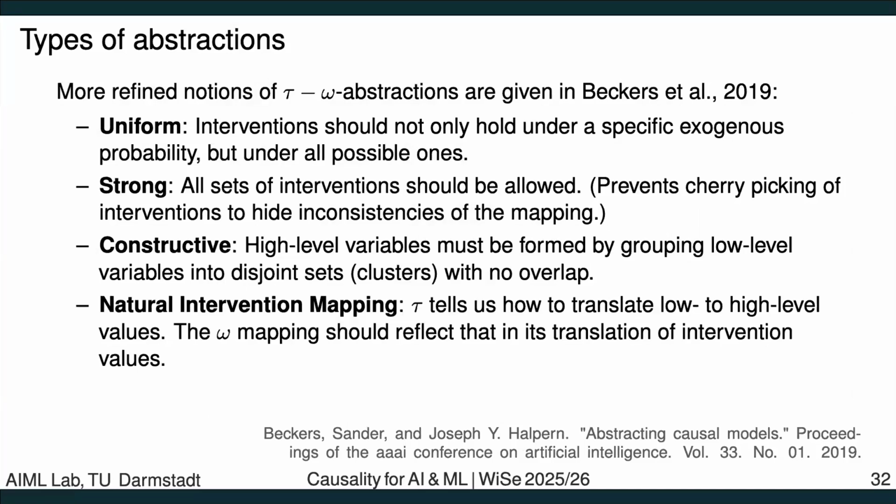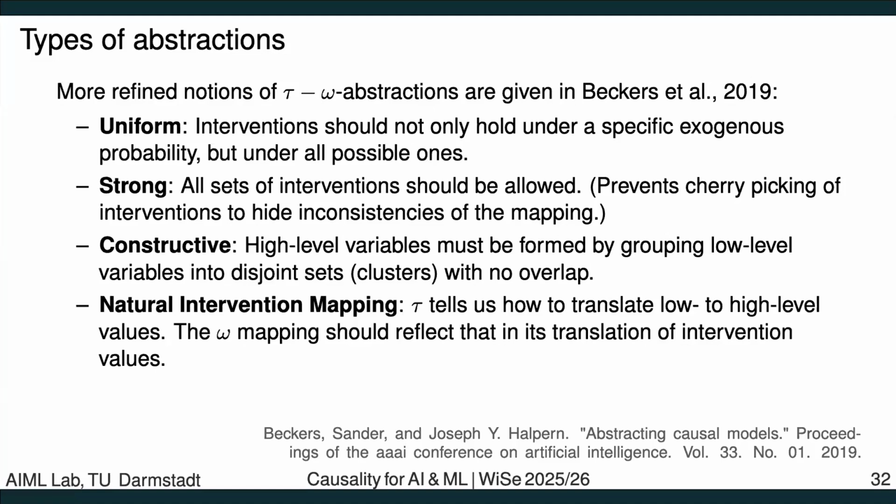Yeah, and so we actually talked a bit about that. There are some properties that you can define for these causal abstractions. So basically, this is how causal models developed. In the beginning, they were also defined in terms of a very specific exogenous noise distribution.